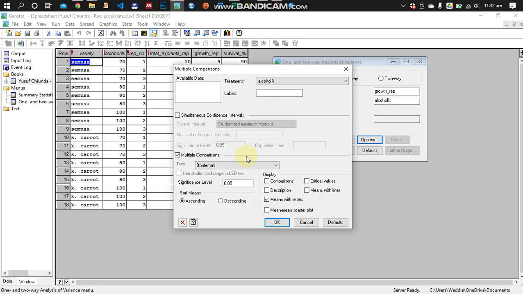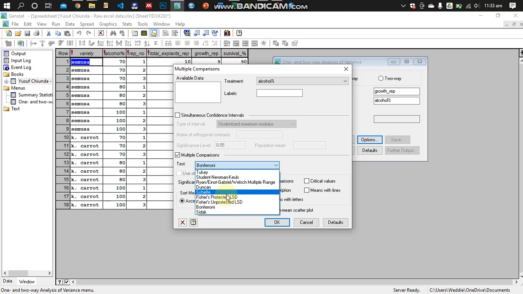You have to be very careful. If you have less than 5 treatments, we use Fisher's protected LSD. If you have more than that, use the unprotected one.